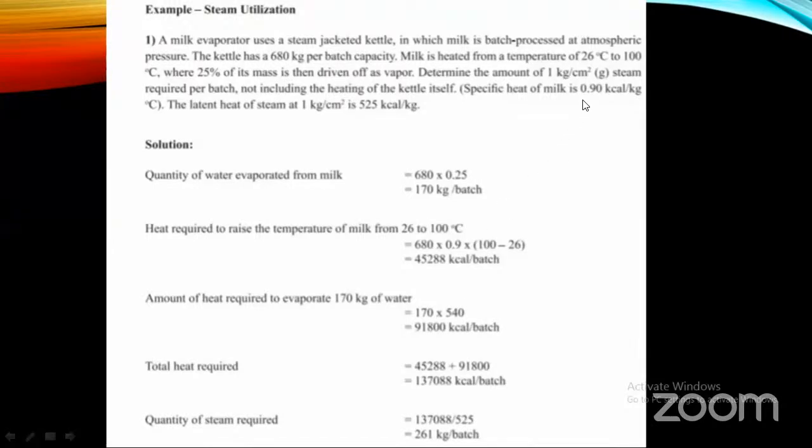Specific heat of milk is given to be 0.9 kilocalories per kilogram degree Celsius. So into 0.9 into the difference in temperature. The difference in temperature to raise from 26 to 100 is 100 minus 26. So m Cp del T, if you have a calculator, you can also calculate.